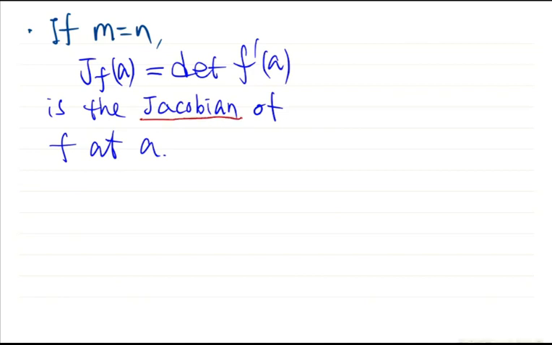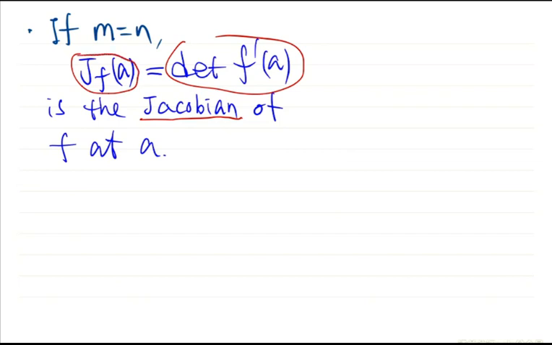Okay, Jacobian, a very important concept. We have the Jacobian matrix. If m equals n, then the Jacobian matrix is a square matrix. Its determinant, denoted by JFA, is called the Jacobian of f. For the Jacobian of f, this notation, either this one or this one, is very brief, very compact.